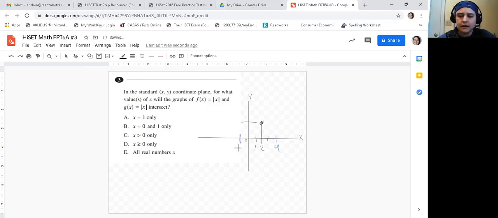So this would be -1, and this might be -2, and so on. So this line would extend in both directions, kind of infinitely.